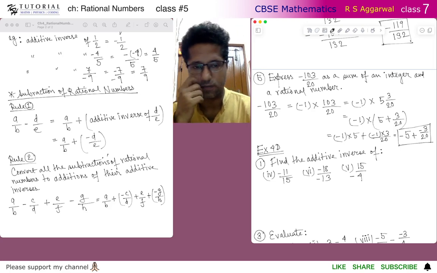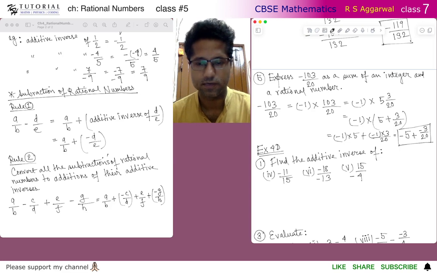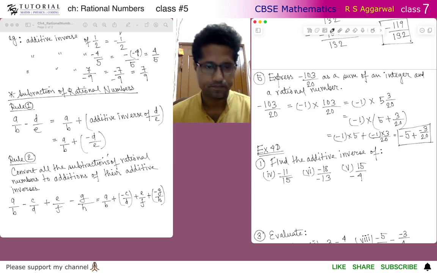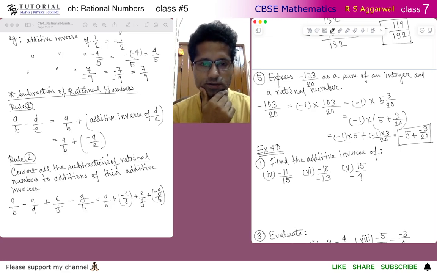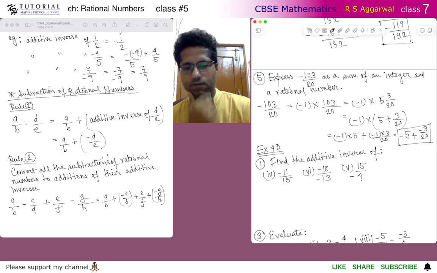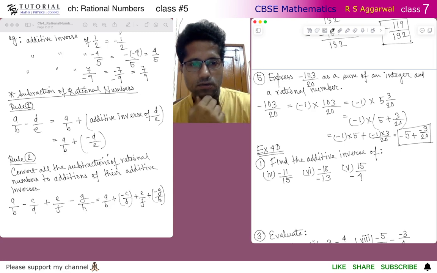So that is the concept. When you subtract a number from another number, alternatively you can add the additive inverse of that number to the other number. So it becomes a by b plus the additive inverse of d by e, which is minus d by e. So you have a by b plus minus d by e. So this is how you subtract two rational numbers.